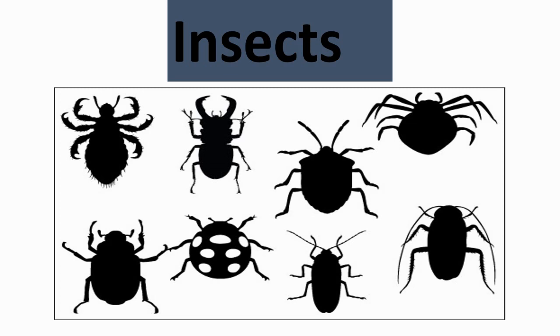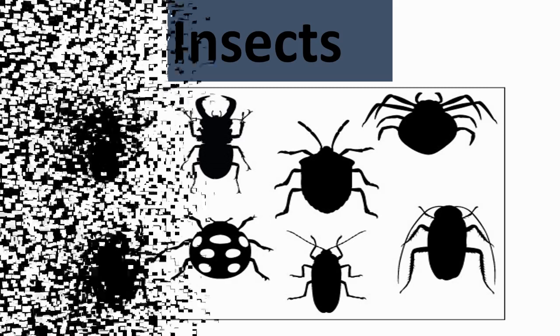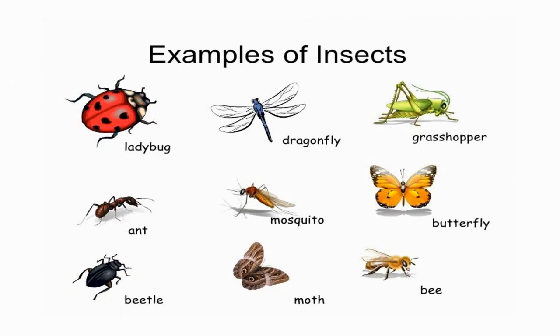Some of the examples of insects are ladybug, dragonfly, grasshopper, ant, mosquito, butterfly, beetle, moth, and bee. These are the examples of insects.